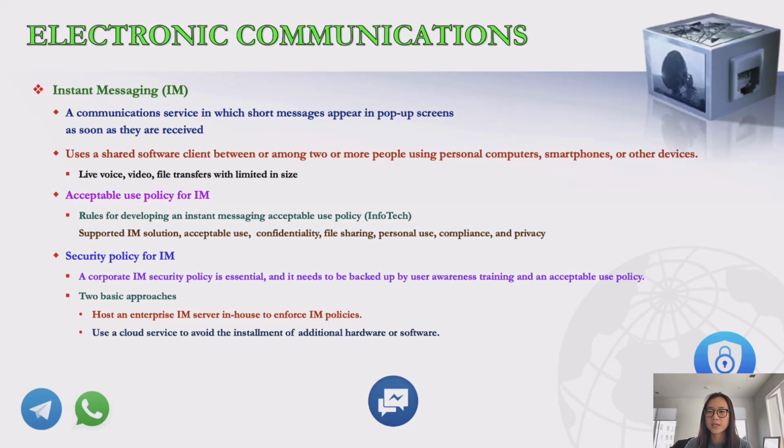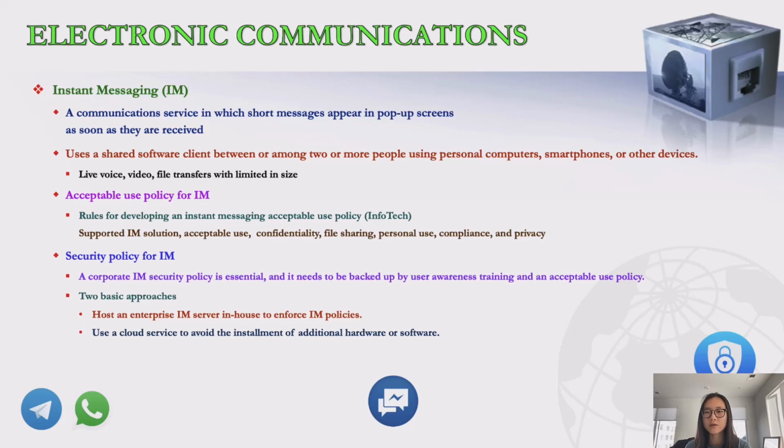Infotech developed a template for instant messaging acceptable use policy. It includes the rules that comprise the policy, including supported instant messaging solution, acceptable use, confidentiality, file sharing, personal use, compliance, and privacy. Although it introduces various risks to enterprise networks, instant messaging is often poorly supervised.